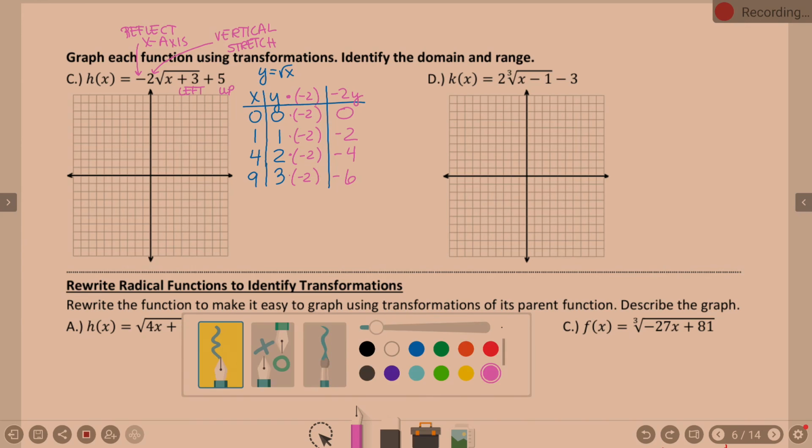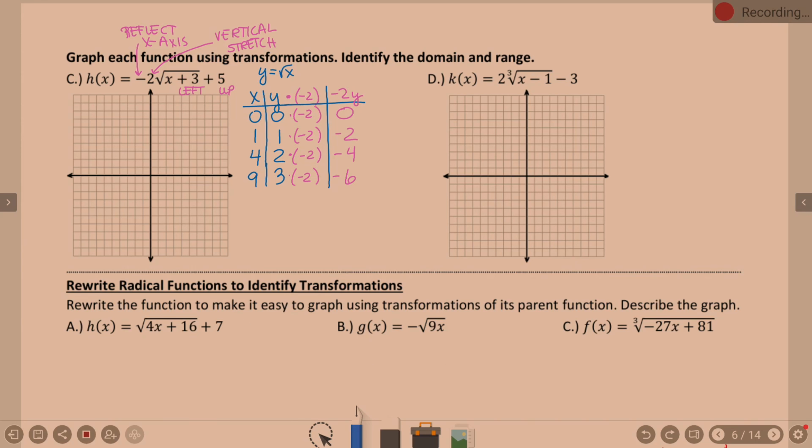So here's the plan, guys. I'm going to take my original x values, my new y values, and I'm going to graph those. And then those are the pairs that I will then move left 3, up 5. So I'm going to graph these.